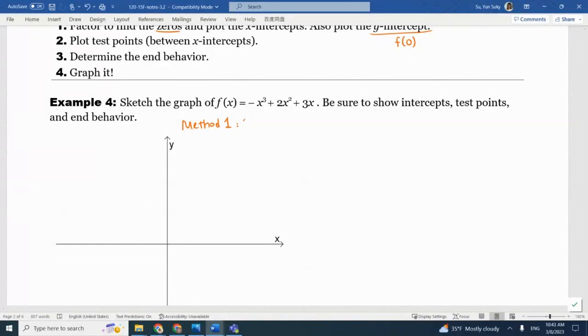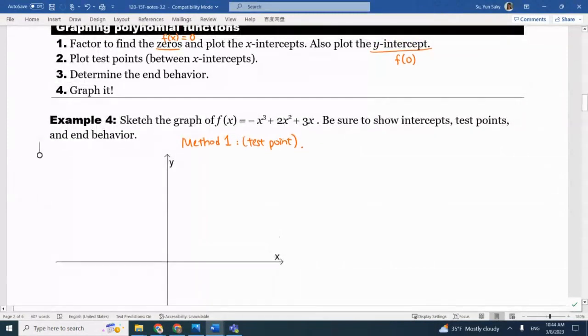Okay. Test point method. So we follow the steps. First of all, we factor it. Do you see a common factor? X, right, everybody? And do you also see the leading coefficient is negative?